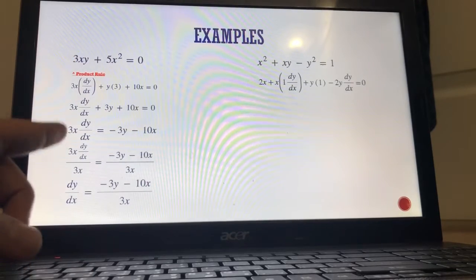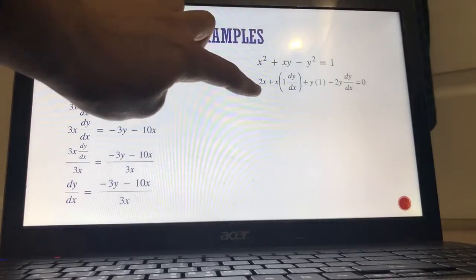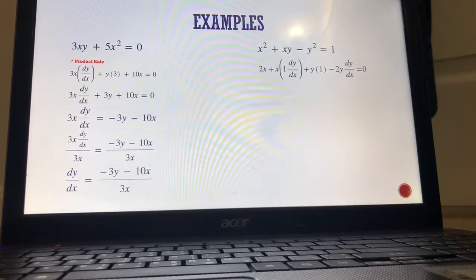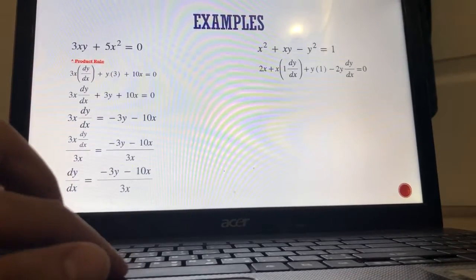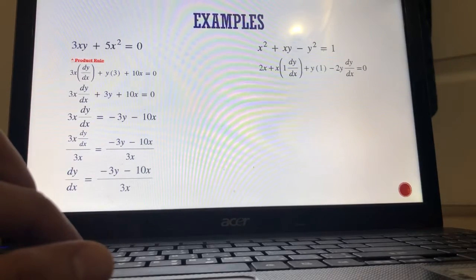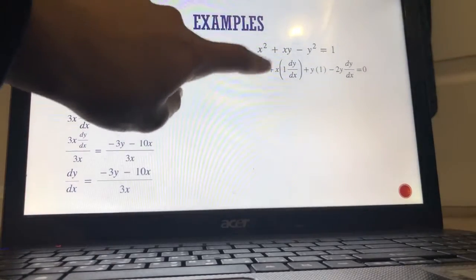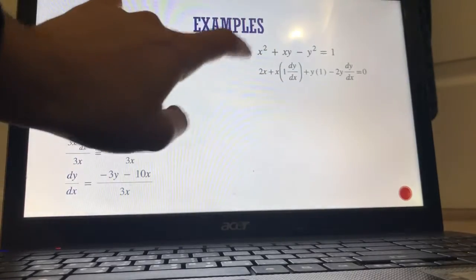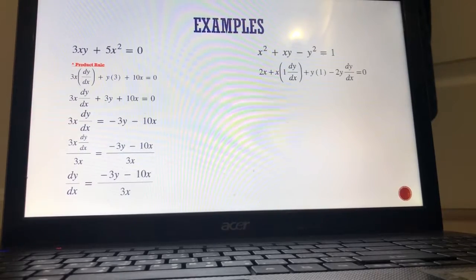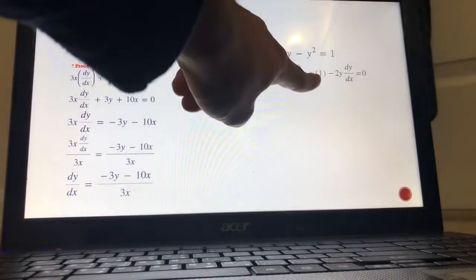So the derivative of x squared would be 2x, because the 2 goes in the front and you subtract 1, which gives you x to the first, which is x, plus x times the derivative of y, which is 1 dy/dx, plus y times the derivative of x, which will be 1, since x is technically x to the first power, so we move the 1 to the front, and then subtract 1 from the power, so it will be 1x to the 0 power, which at the end goes to 1.